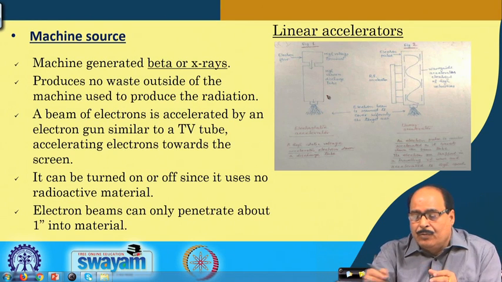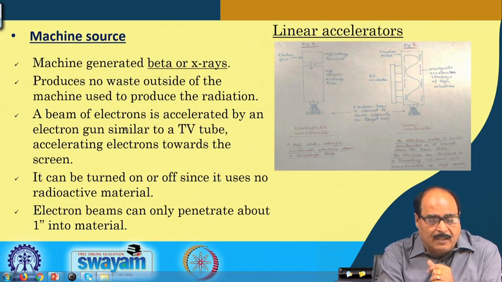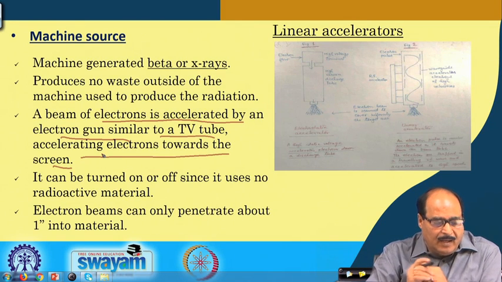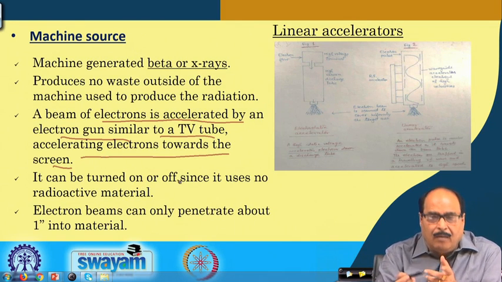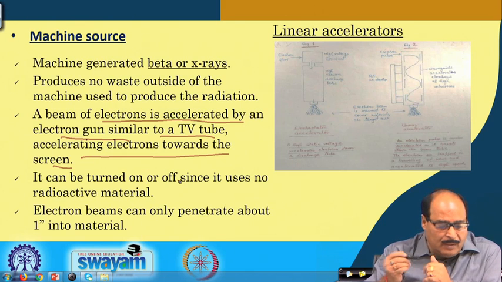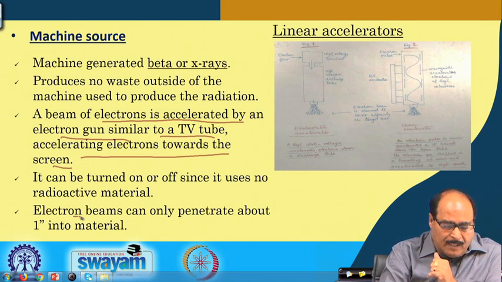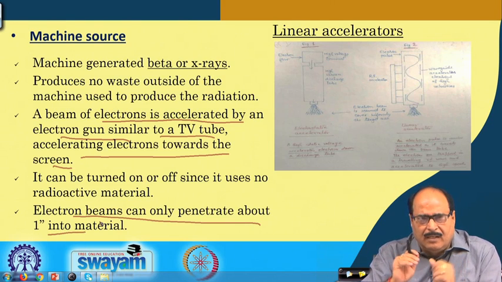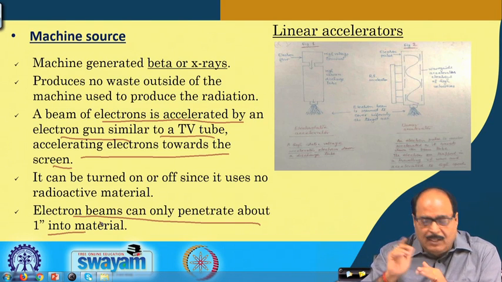As you could see in these two picture diagrams, the electron is accelerated by an electron gun similar to a TV tube, accelerating the electrons towards the screen, and it can be turned on and off when not in use or when to be used. Electron beams can only penetrate about 1 inch into the material.